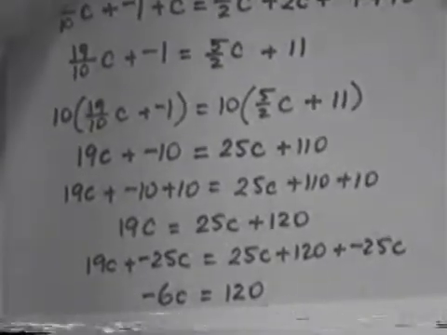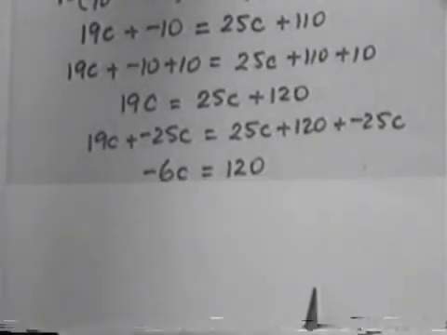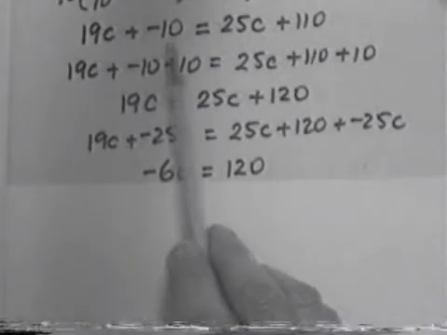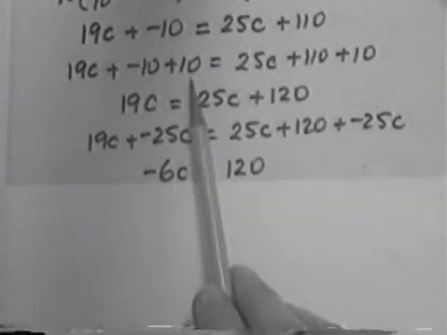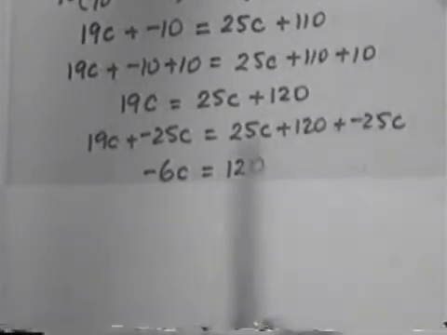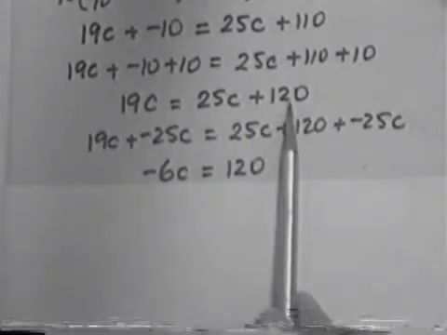Let me put on the screen all the steps that involved laundry sorting. Here they are. We started with variable and constant on the left, variable and constant on the right. One step eliminated the constant on the left-hand side, leaving us with variable on the left and variable and constant on the right.